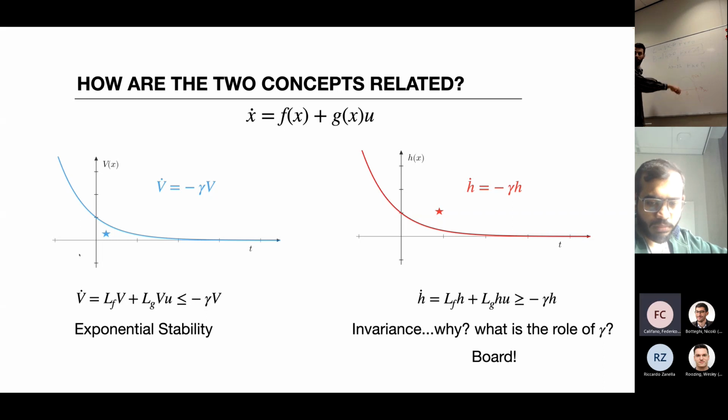This is clearly the super level set encoded by this barrier function. Here I'm saying H dot is greater or equal than minus gamma H. You understand that minus gamma H is this kind of function. I flip it and I scale it.